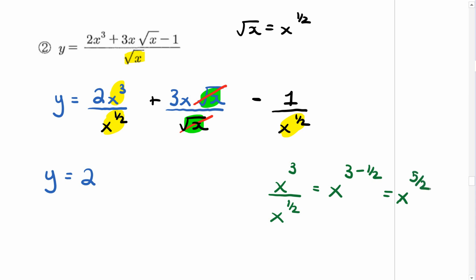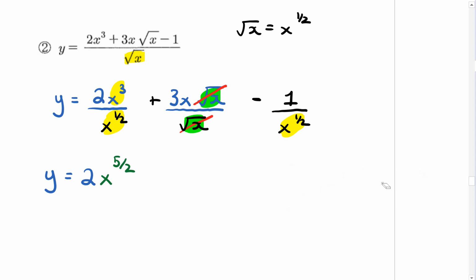All right, so that's another way to write that. So this is 2x to the power of 5 over 2. Okay, and then if I keep on going here, I get positive 3x. And then if I change this fraction here, that'll be negative x to the power of negative 1/2.